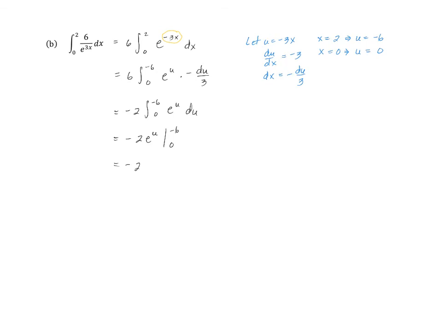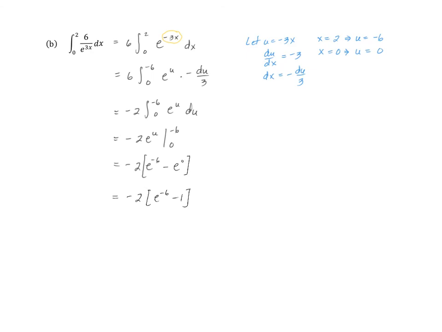So negative 2, e to the negative 6, maybe I'll deal with the negative 2 later, minus e to the 0. Negative 2 times e to the negative 6 minus 1.